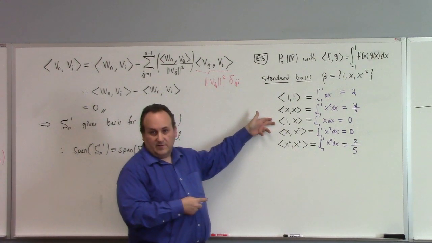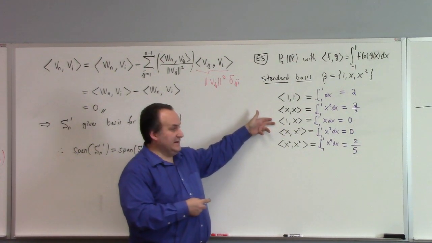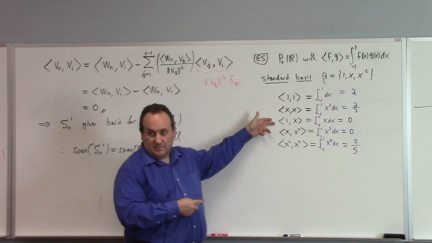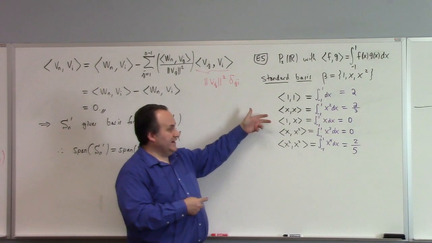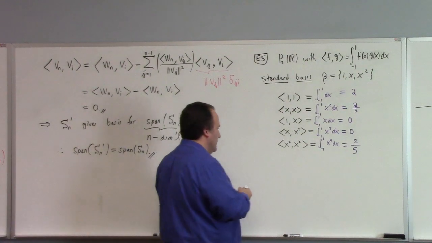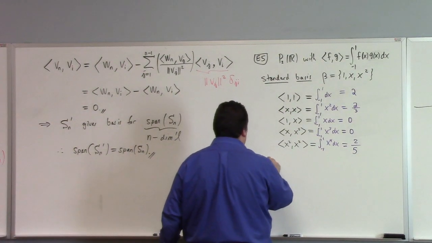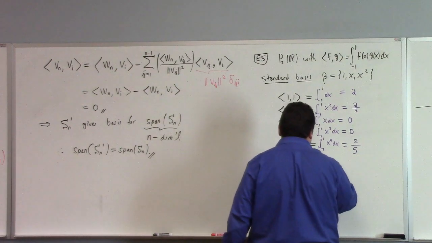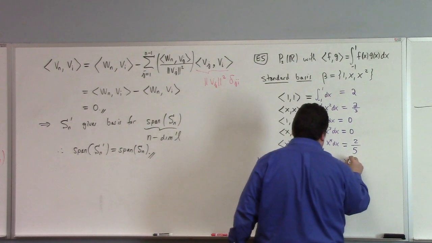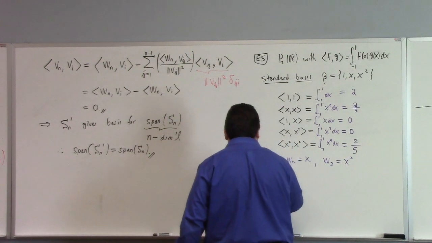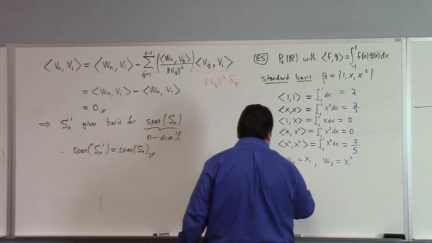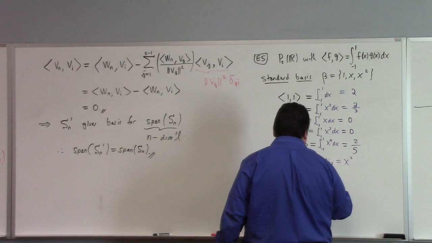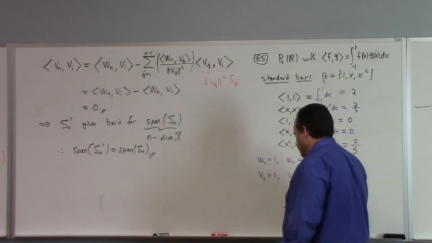The Gram-Schmidt algorithm doesn't do anything to start with, because you can just use 1 and x. Those are orthogonal. So if we set W1 equals 1, W2 equals x, W3 equals x squared in the algorithm, we get V1 is 1, V2 is x, and then V3 we're going to have to think about.